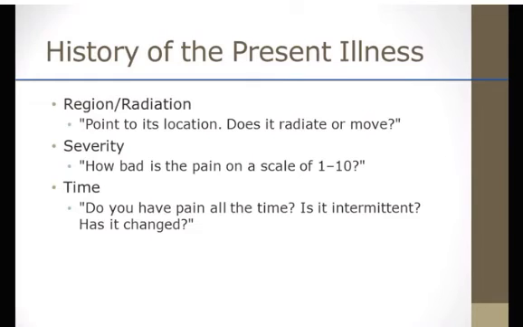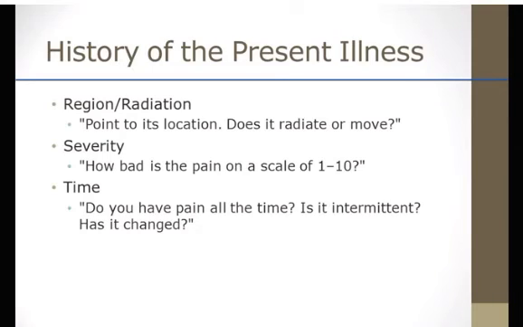So I always use the scale of 0 to 10. 0 being no pain, 10 being the most extreme pain you can imagine. How bad is this? This is always a little bit of an interesting question, because some people really have not ever experienced a great amount of pain, so they really have a hard time. I mean, their 10 might be like your 5, depending on both of your life experiences. But it really doesn't matter, because we're always going to go by their scale. So it works out either way.